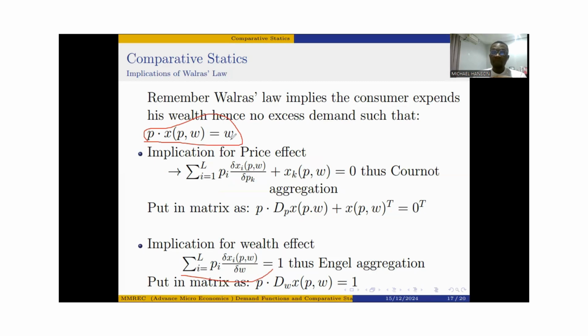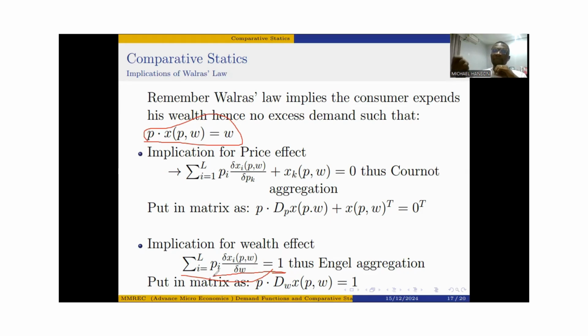And then you differentiate W with respect to W, which gives you 1. Now, this also has a very critical implication called the Engel's aggregation, which summarizes that all the percentages, or quote unquote, all the share of wealth used in buying the different commodities should also be equal to 1.